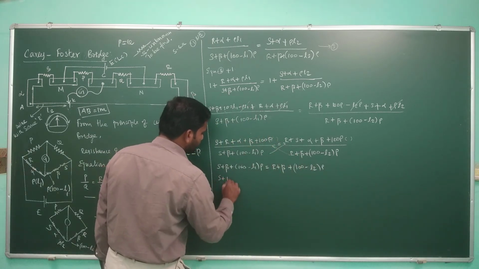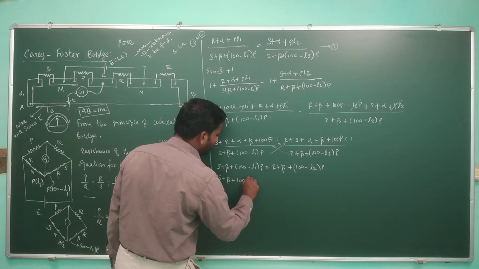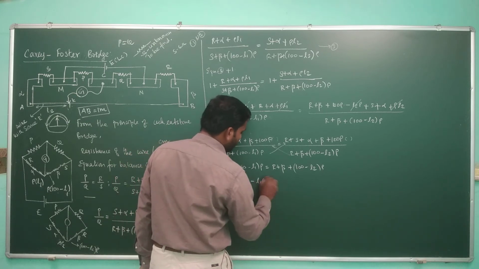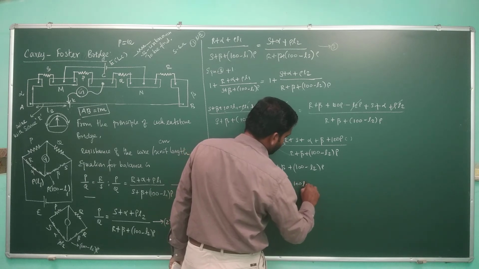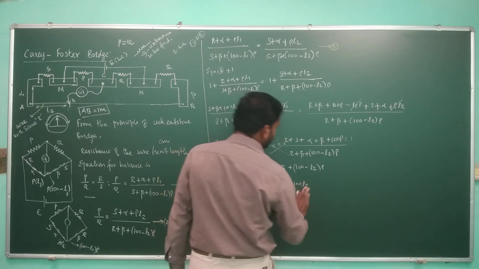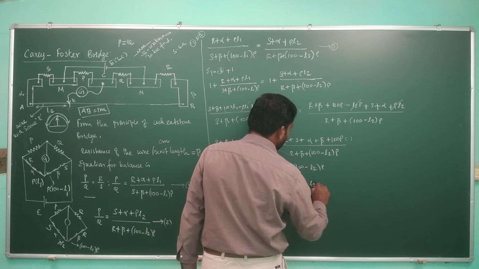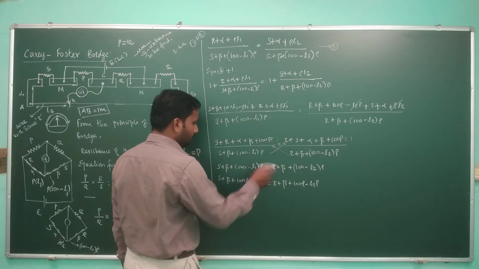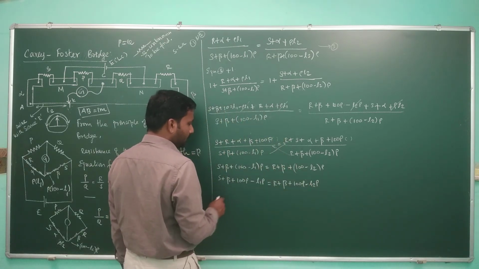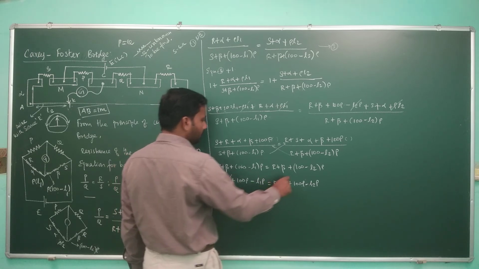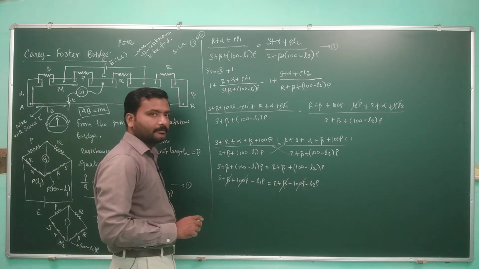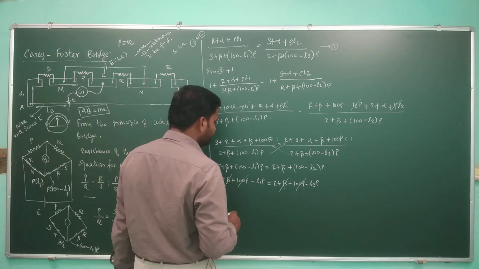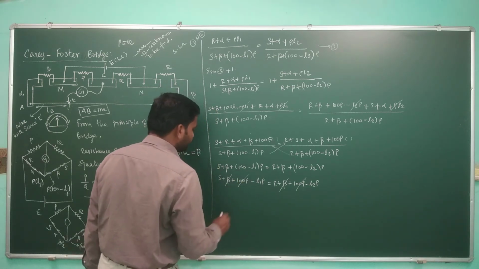So S plus beta plus 100 rho minus L1 rho, which is equal to R plus beta plus 100 rho minus L2 rho. Which are common? Beta and beta are common, so cancel out each other. 100 rho common, cancel out each other, right? And now what will happen?